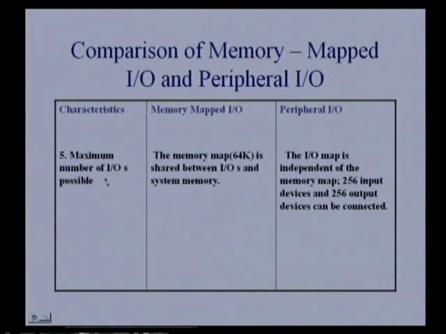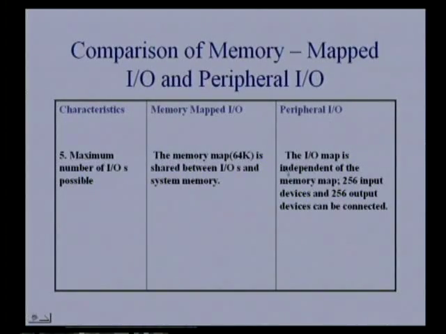Next, maximum number of IOs possible. In memory mapped IO, the memory map, which is 64 kilobytes, is shared between IOs and system memory. That is, there is no limit for IO devices that can be connected. No limit in the sense, the maximum limit is this 64K, we can connect any number of IOs within this limit.